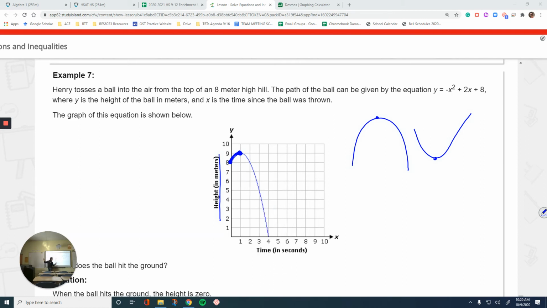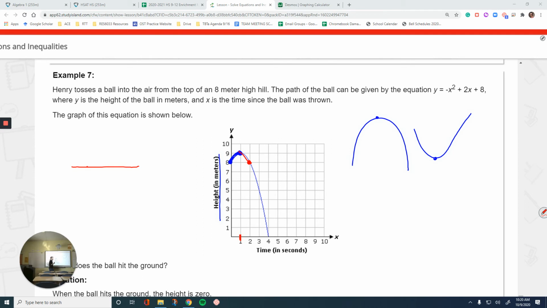So this is where we are at 1 second. After 1 second, it's at its maximum height, which is 9 meters from the ground. And then it falls down. This is 2 seconds later. It's at 8 meter height, right? Right here it says 8 meter. Where he tossed the ball 1 meter high, it goes up to the 9 meter level and then goes down 1 second later from the maximum point.